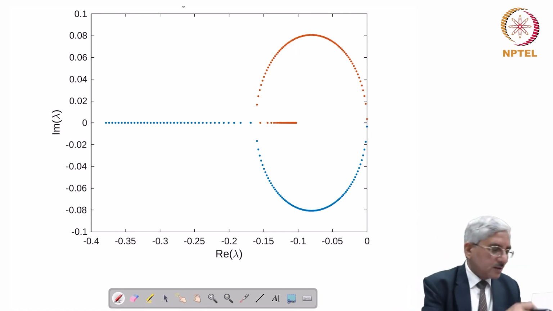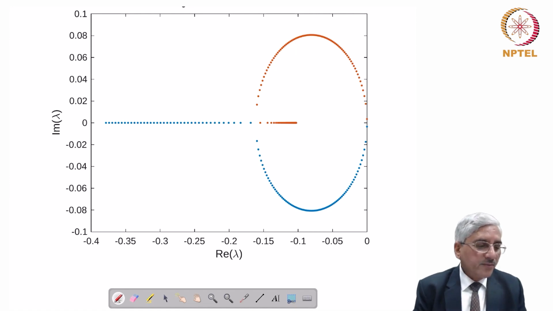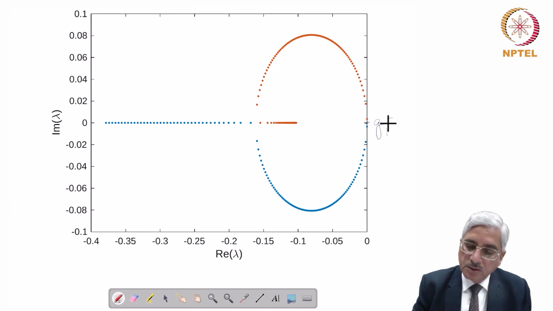So for this combination of gains, G2 was taken as 0 for all values of G1.